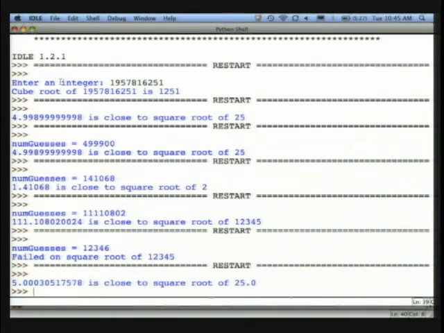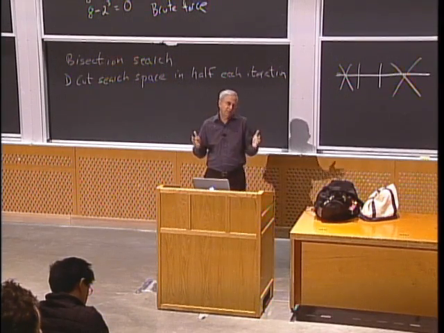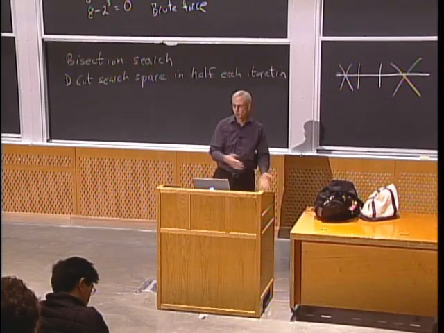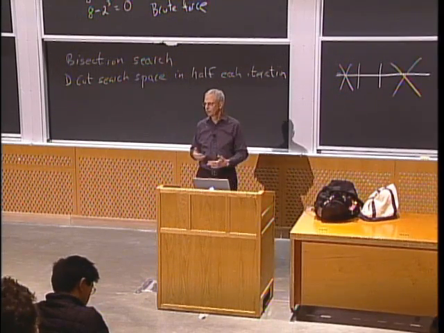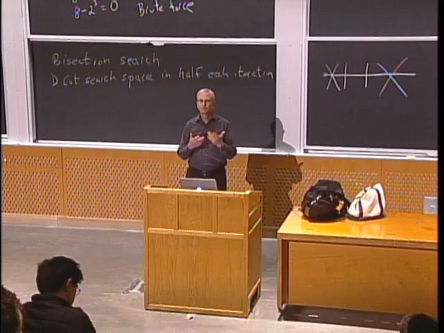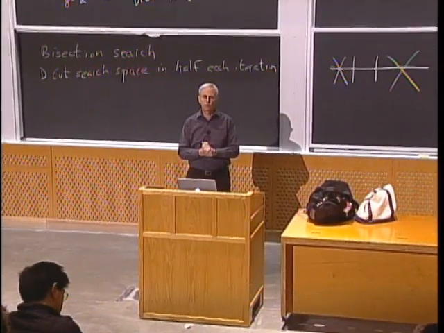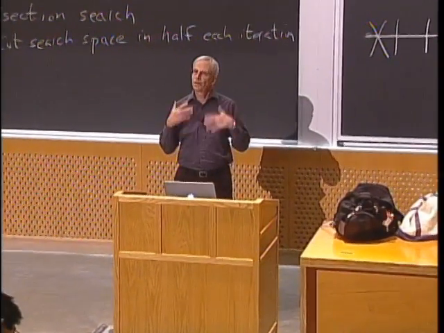Notice that it's different from the answer we got last time we looked for the square root of 25. But that's okay, because it still meets the specification. It's still within epsilon of the actual square root. And I didn't have to say that I wanted it below or above the square root. Just said within epsilon. Sure enough, different algorithm, different answer, but equally good.